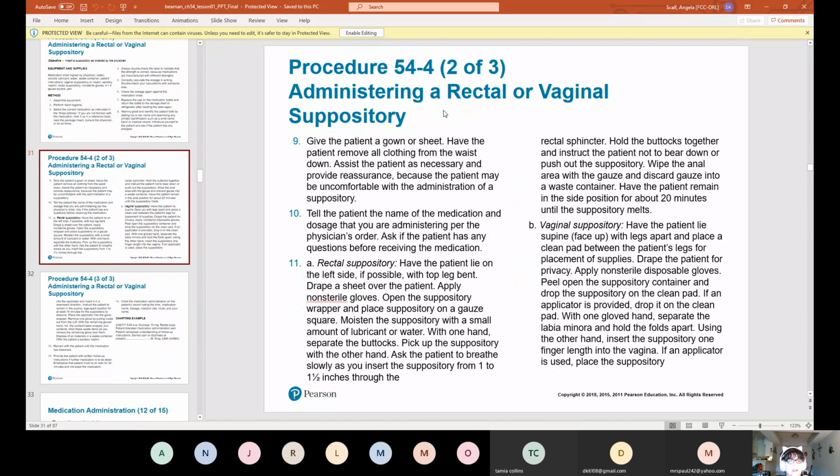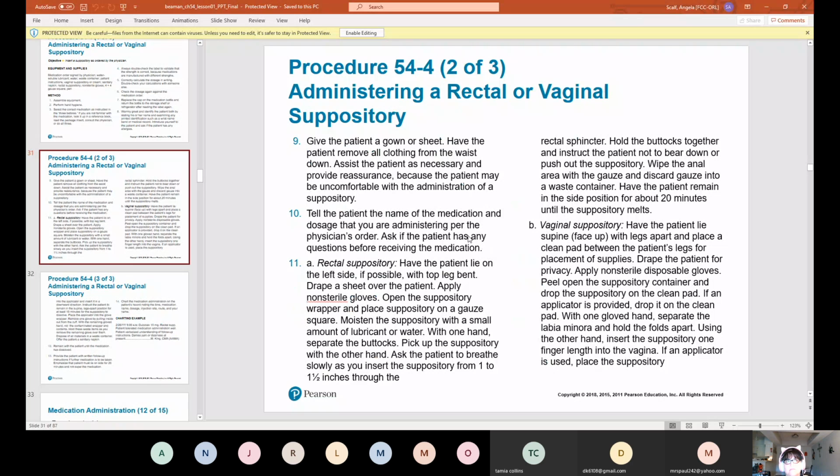Whenever we have to do anything rectally or vaginally, always remember it's embarrassing for the patient. So make sure that you have drapes or sheets to cover the patient. I know some doctors' offices, all they've got is those little paper things. If you've got a bigger person, for the love of Jesus, give them a couple of them. Let them feel secure.